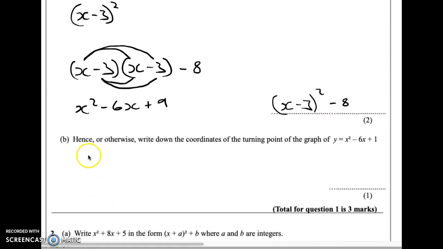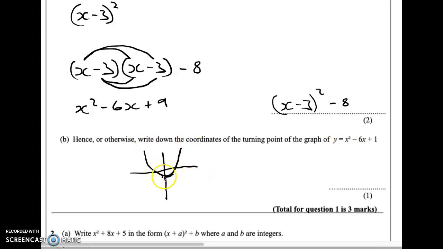Part B. Hence or otherwise, write down the coordinates of the turning point of the graph of y equals x squared minus 6x plus 1. The reason it's asking for the turning point is because if you see the x-axis and y-axis, the graph is going to be something like this. So the turning point will be the lowest point.